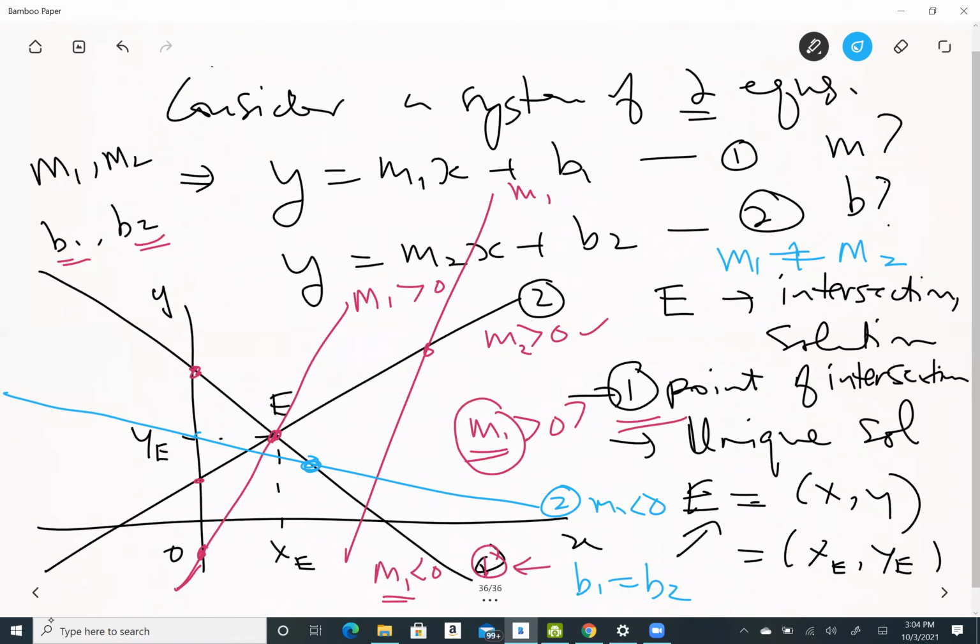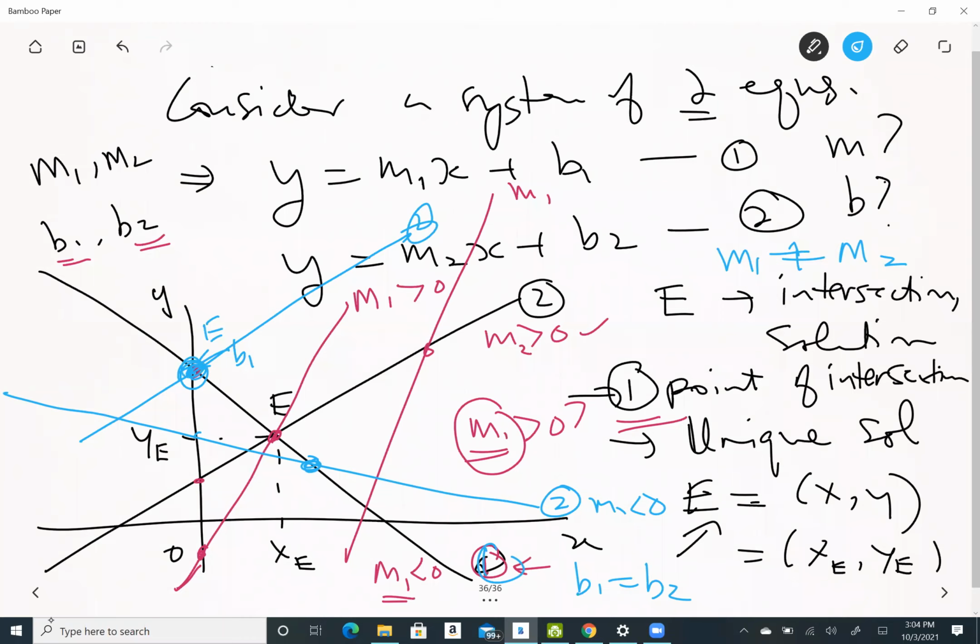Is that right? So here, you have line 1, and B1 is here. Now you draw another line with the same B1. You have a B2 equal to B1. So you got another line, call it number 2, with the same intercept. So there is only one solution, and that solution is the y-intercept.